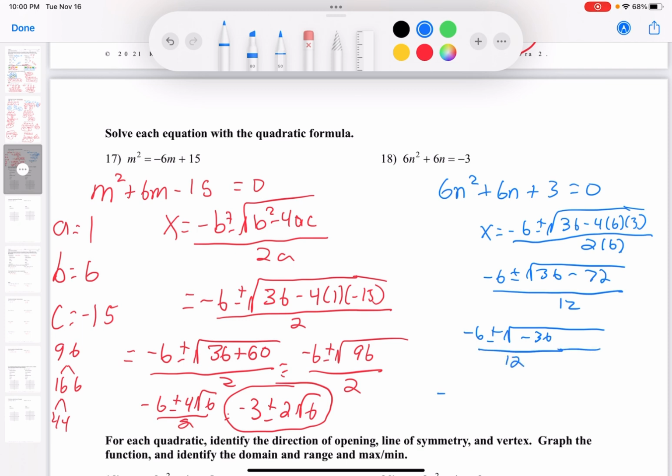The square root of negative 36. Square root of 36 is 6. The square root of a negative is i, so that's negative 6 plus or minus 6i over 12, which again could be reduced to negative 1 plus or minus i over 2.